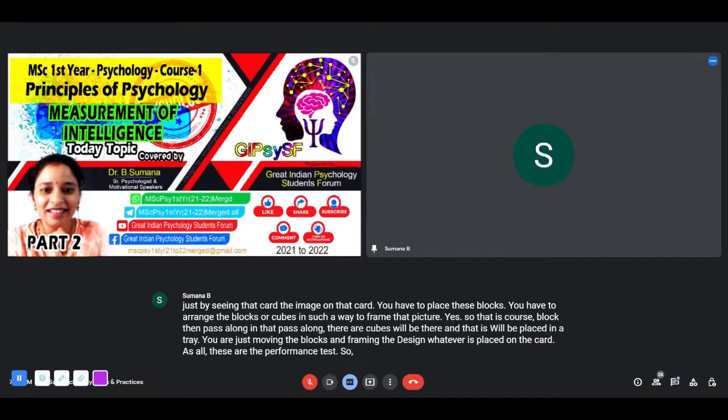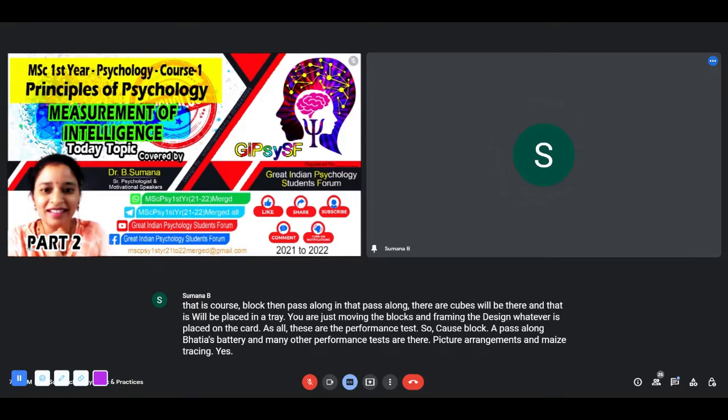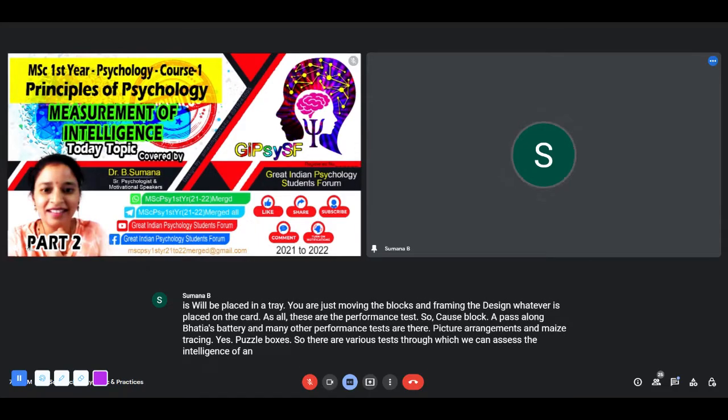So course block, pass along, Bhatia's battery, and many other performance tests are there: picture arrangement, maze tracing, puzzle boxes. There are various tests through which we can assess the intelligence of an individual.